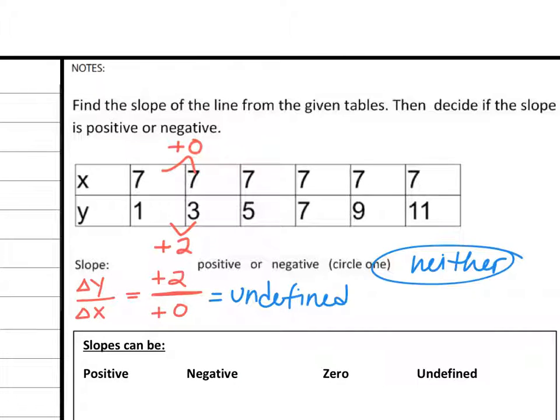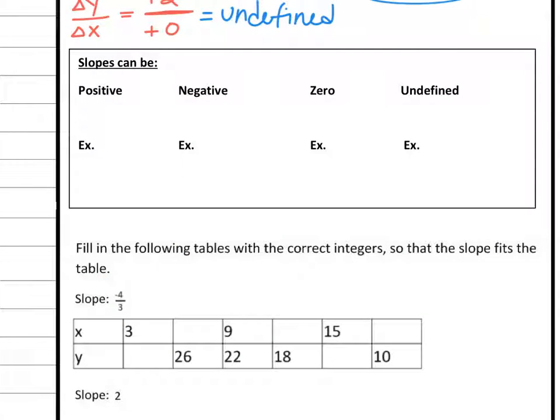It is neither. Types of slope. Slopes can be positive. So I'm going to draw the graph version and the table version. Positive would be like this. It's going up. And as a fraction, that would be something like positive 2 over positive 3.